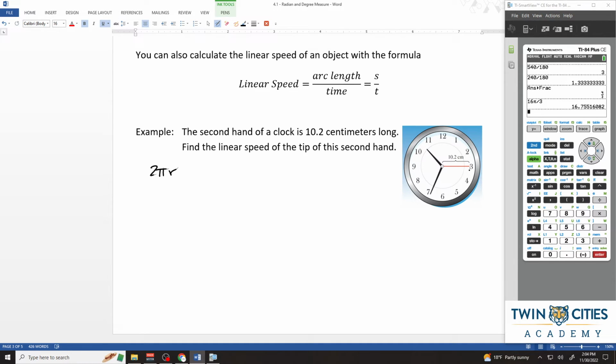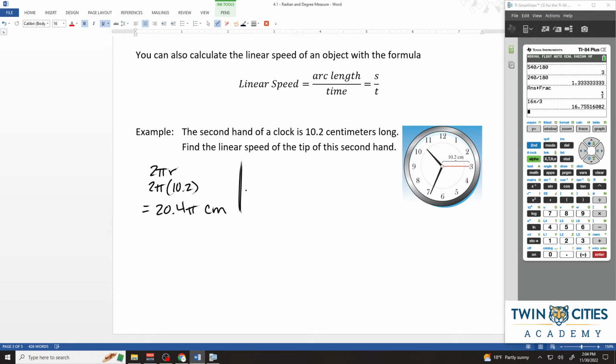Well, r is 10.2 centimeters, so this is going to be 2 pi times 10.2, which is going to be 20.4 pi centimeters.